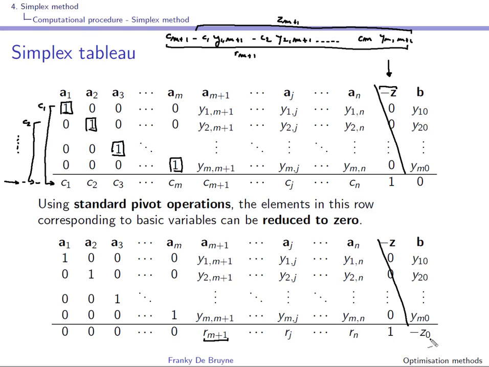And what is interesting is that over here what appears is 0 minus C1 times this one, minus C2 times this one, up to minus Cm ym0, and this is indeed equal to minus the cost that you have for this simplex tableau.